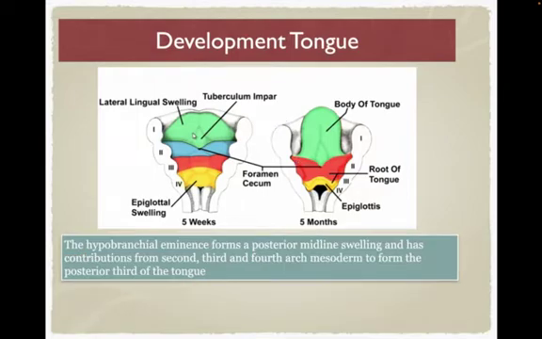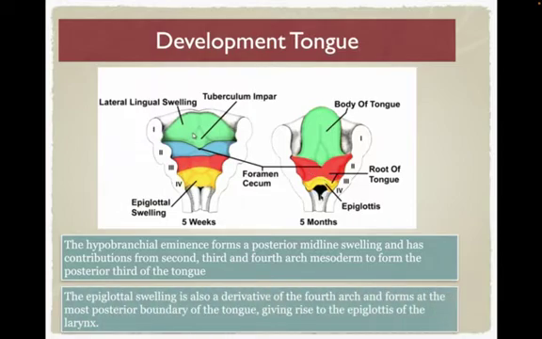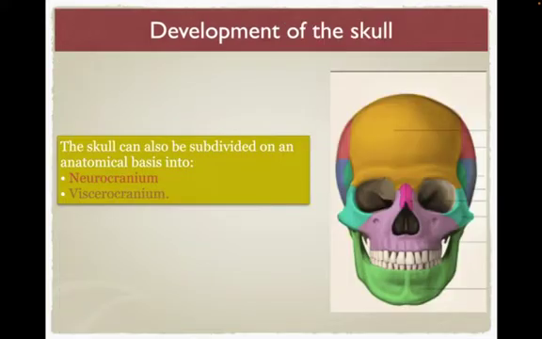Then we're going to have differentiation and growth from the 2nd, 3rd, and 4th pharyngeal arches that will result in the formation of the base of the tongue, or the other third of the tongue. The 4th pharyngeal arch will also continue differentiation to develop the epiglottis. So that was the development of the tongue.